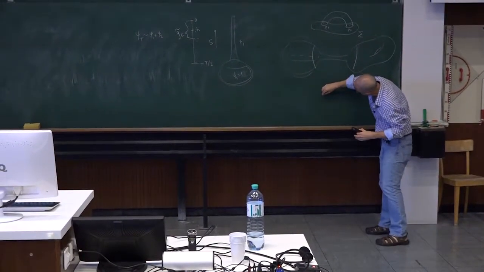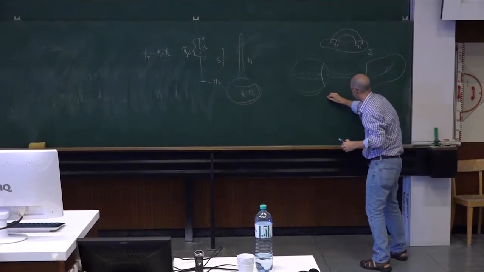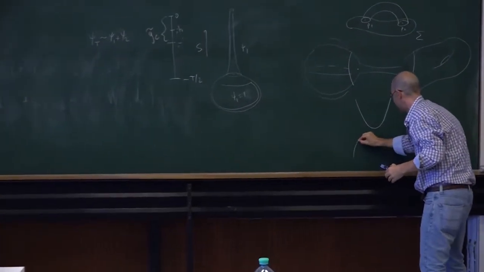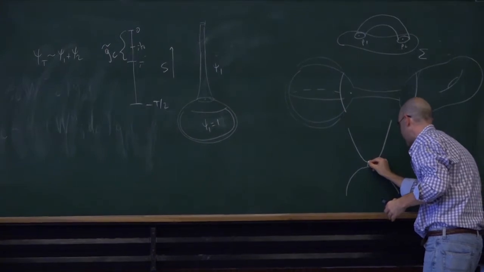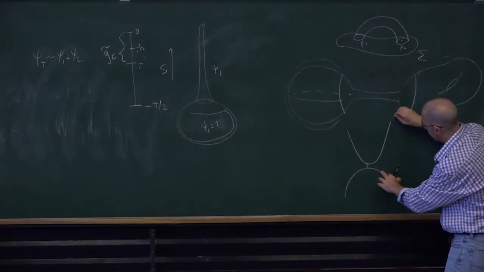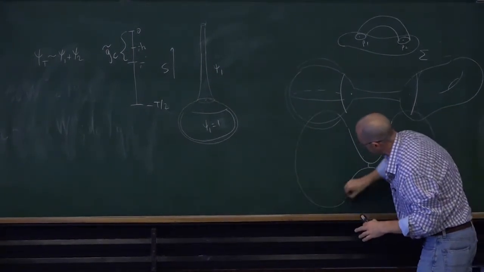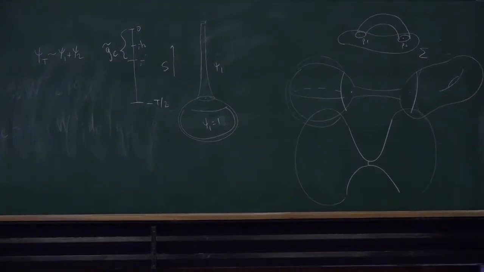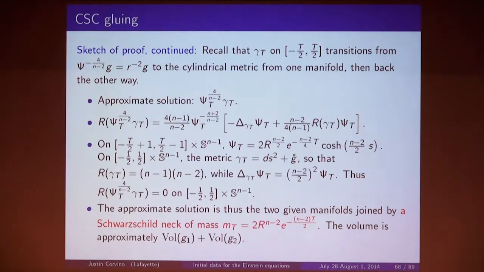I'll draw it this way. So you've got a very small Schwarzschild metric. This is the piece in between that's gluing the two manifolds together. Now you might say, wait a second, I don't want to solve scalar curvature 0. How is that actually a solution, or an approximate solution? I'll finish up on the next slide. But the cool thing is that the neck is exactly Schwarzschild.